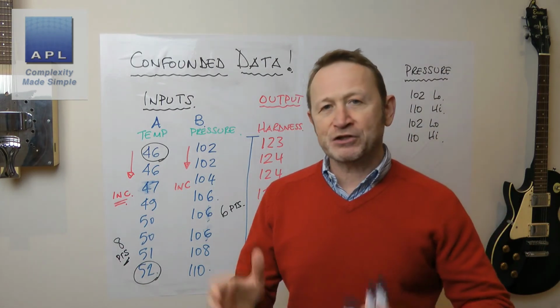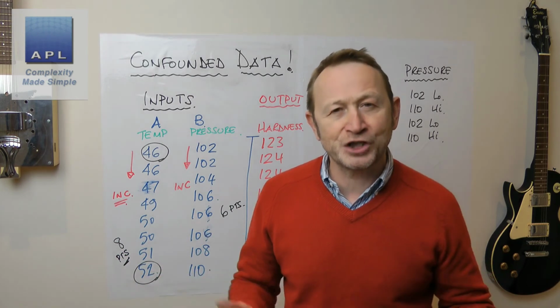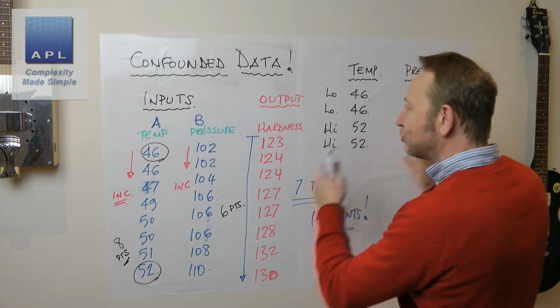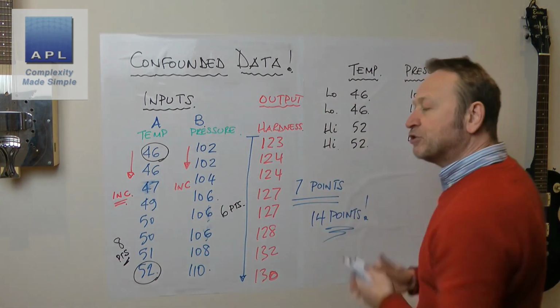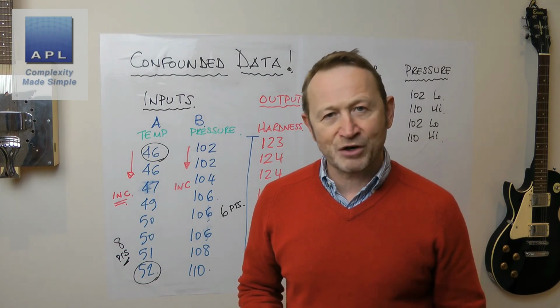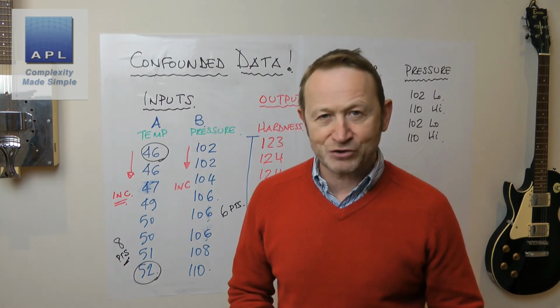If you are someone that does AI, you're doing automatic learning, you're doing machine learning, or you're doing big data analysis, if you don't understand confounding, you don't understand how to get a balanced orthogonal pattern, you won't learn what's going on. Your software won't get the best analysis. Your software won't get the best results.